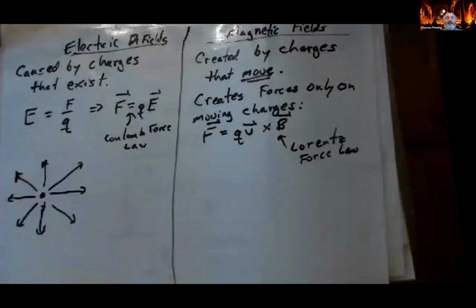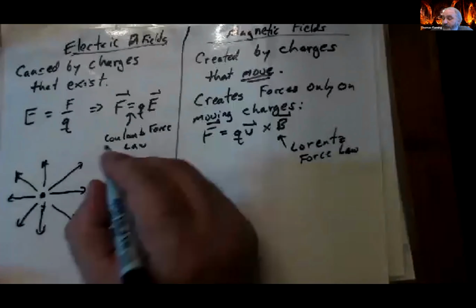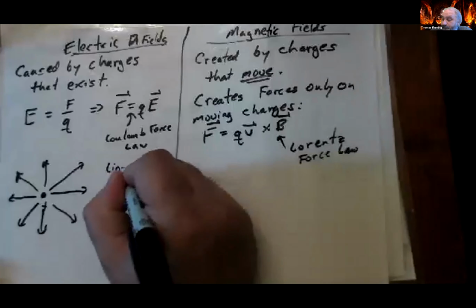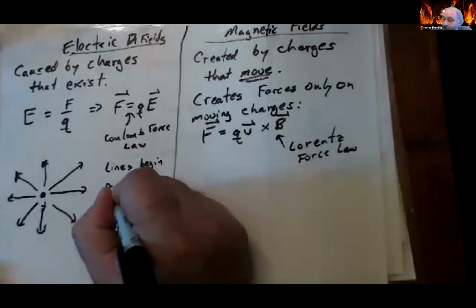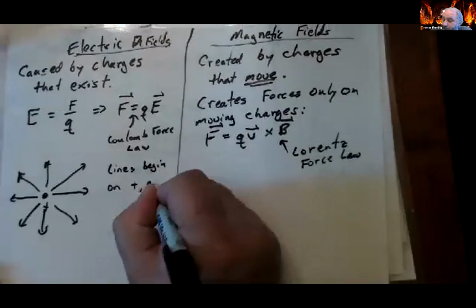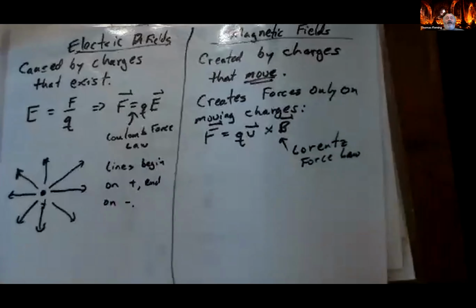That's what the electric field lines look like for a point charge. And notice that meant in particular that lines began on positive charge or they would end on negative charge. Right. That's true for electric field lines.